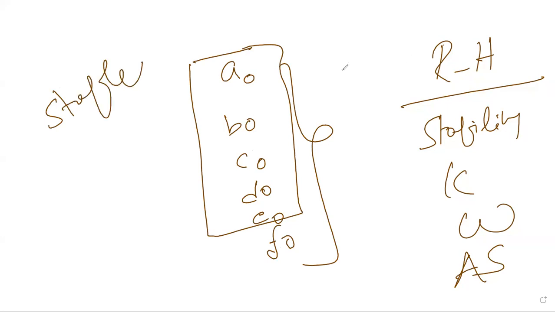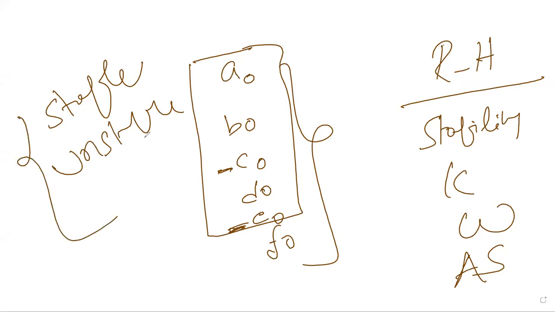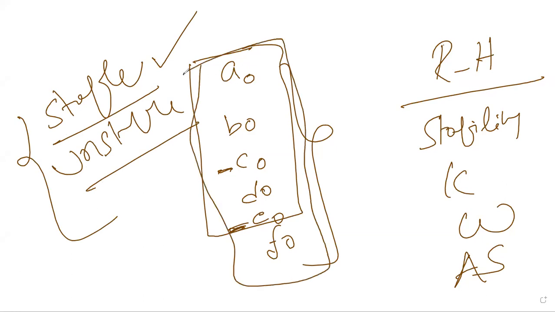If there are sign changes in the first column elements, is the system stable, unstable, or marginally stable? Unstable, right? So we are directly telling the system is stable or unstable based on the elements of the first column.